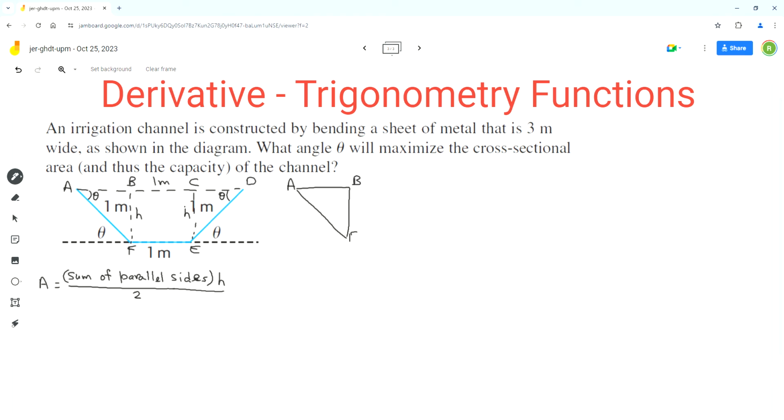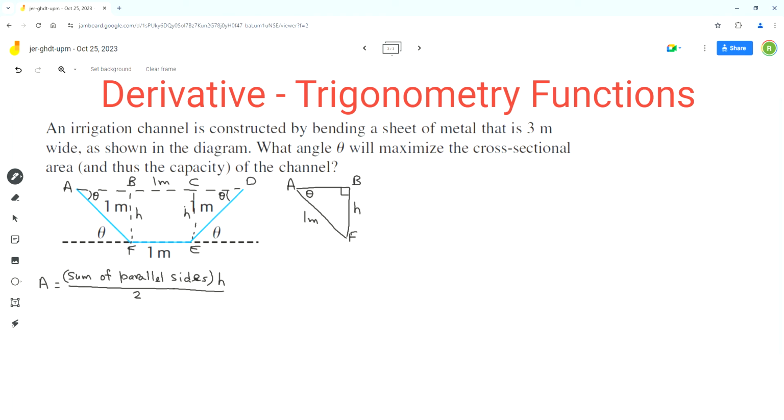In this triangle, side AF is equal to 1 meter, angle A is theta, and this is the height of the trapezoid. This is a right triangle, so we can use SOHCAHTOA to find the height and side AB in terms of theta.